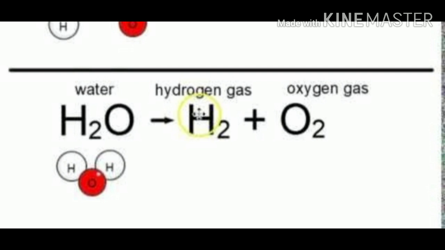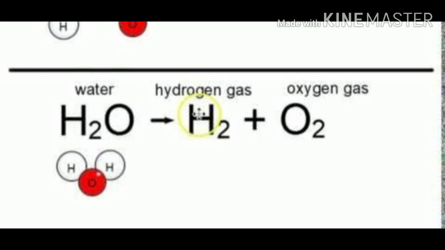But when electric current is passed through water, it decomposes into hydrogen and oxygen. So already you know, students, water is made up of two different elements, hydrogen and oxygen. So this is a chemical change and not a physical change: the decomposition of water into hydrogen and oxygen.